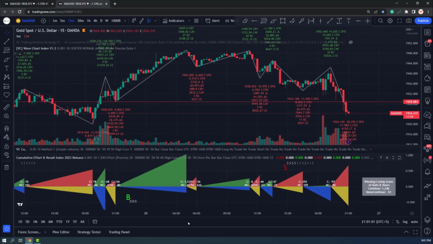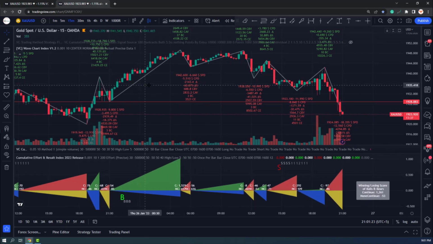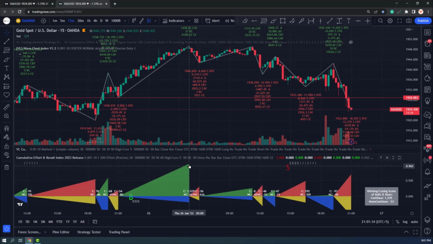Actually, this is called a histogram, where we have values on both sides of the zero. You see here, this is the zero line, and we have the positive side and the negative side. On the positive side of the histogram, the green value is indicating the positive price movement. You can see here, the wave is starting from here, ending here, and it is showing the positive momentum of the market.